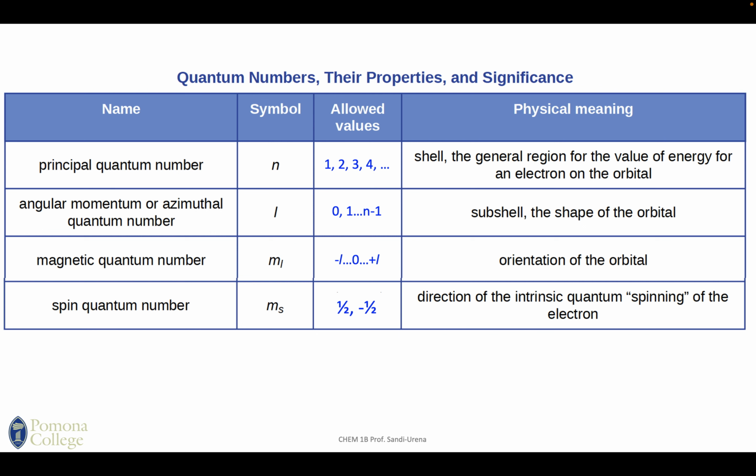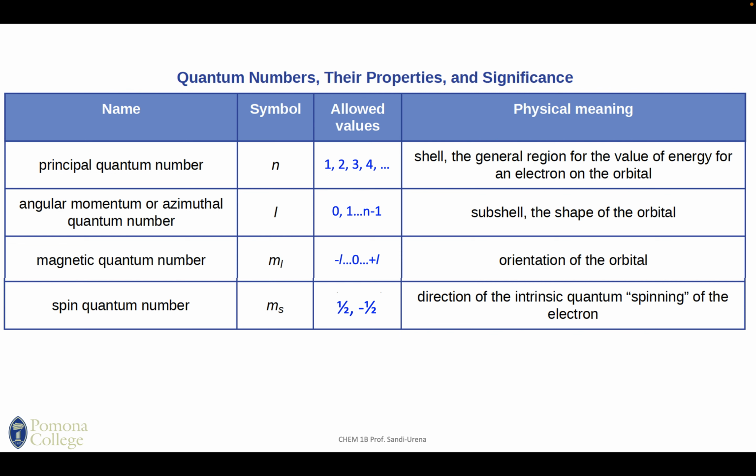So I'm going to invite you to think of the spin quantum number just as a property that emerges for very small objects, for quantum size objects. Just like we understand mass as a property of an object, we don't question where that mass comes from, right? We just assume that's a property of an object.